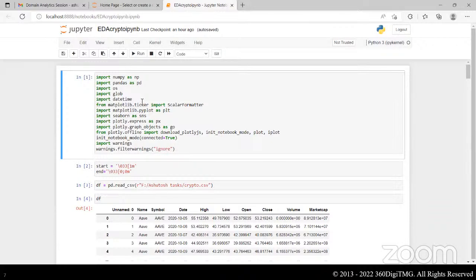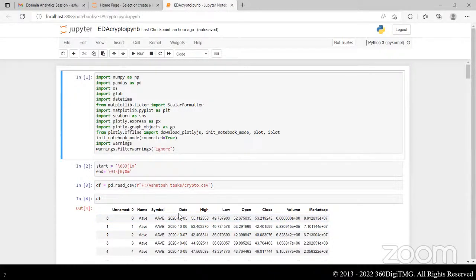All these are the various columns that we have. Now, when you are talking about the name, this is nothing but the name of the cryptocurrency. Symbol means the symbol of your cryptocurrency.